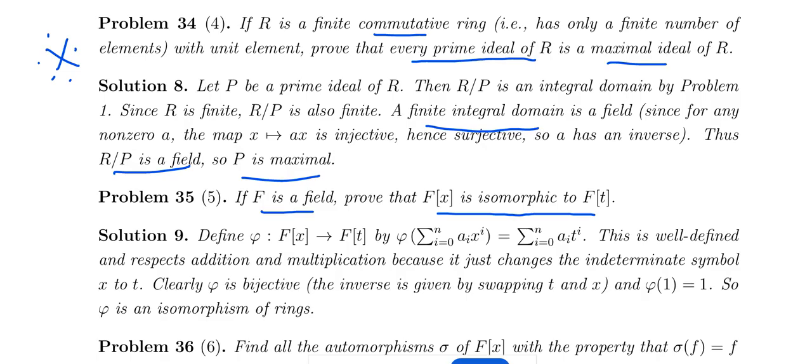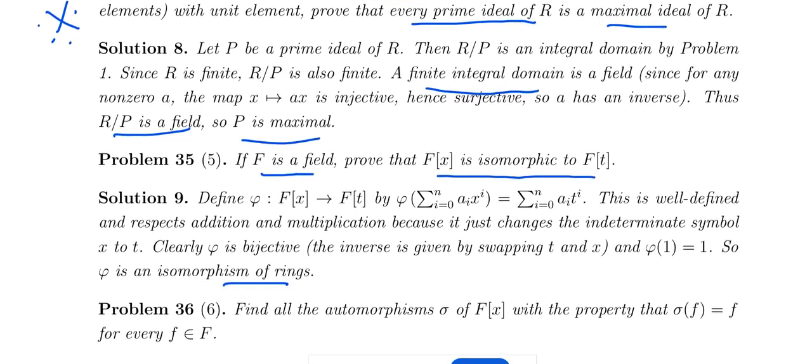This is well defined, and with respect to addition and multiplication, it just changes the indeterminate x to t. That is the idea. Obviously pi is bijective, that is one to one and onto, and pi of 1 equals 1. So pi is an isomorphism of rings.